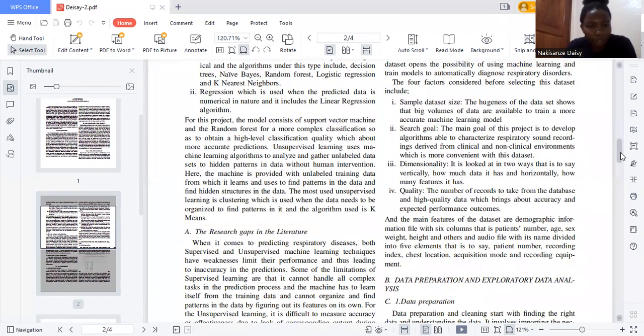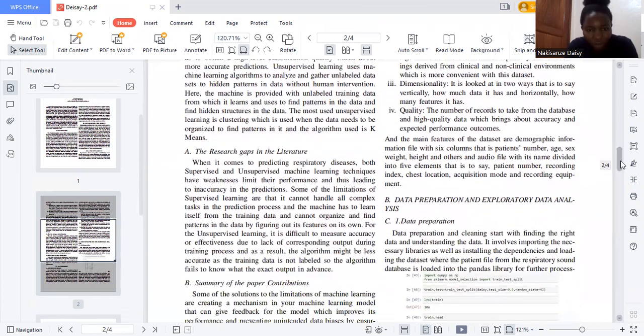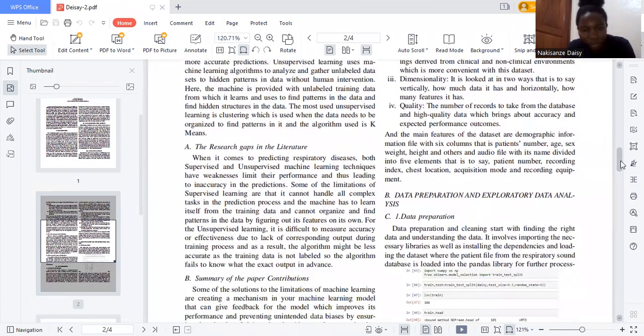I also have the gaps in the literature, where I give some of the limitations of these machine learning techniques. For supervised learning, the machine cannot handle very complex tasks in the prediction process.